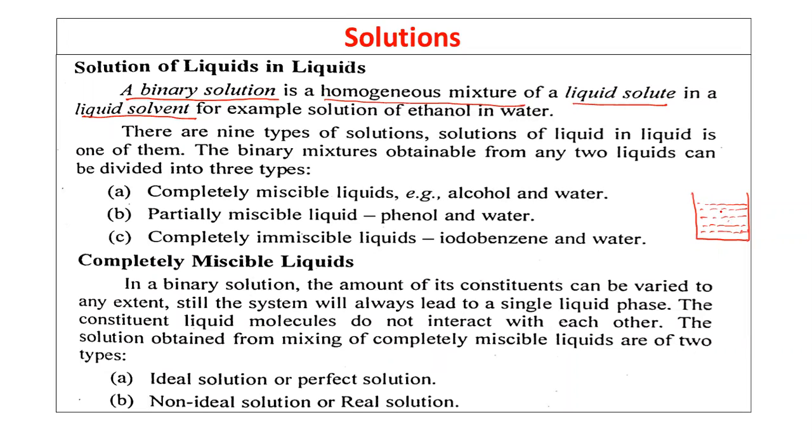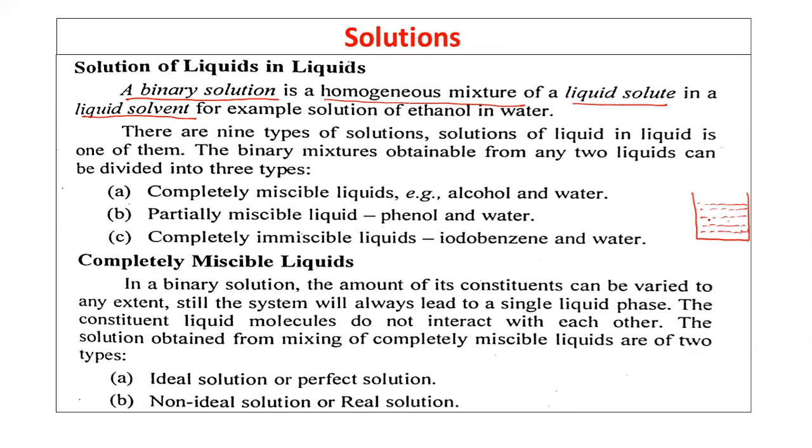The solution is completely miscible, and that solution is called a solution of ethanol in water. Only one layer is there. It is a homogeneous mixture. So this is the solution of liquid in liquid.